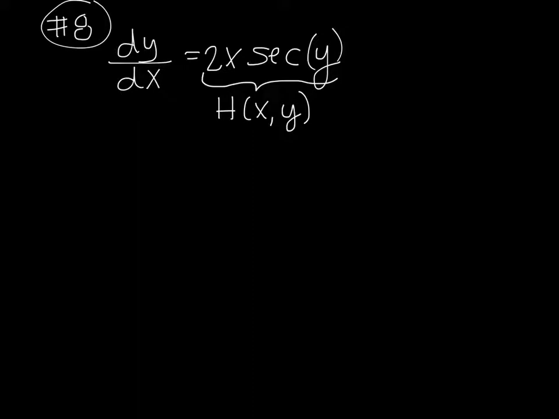Opposed to 1.1, where we only had one variable, this was our f of x. So in 1.2, we had just an f of x.